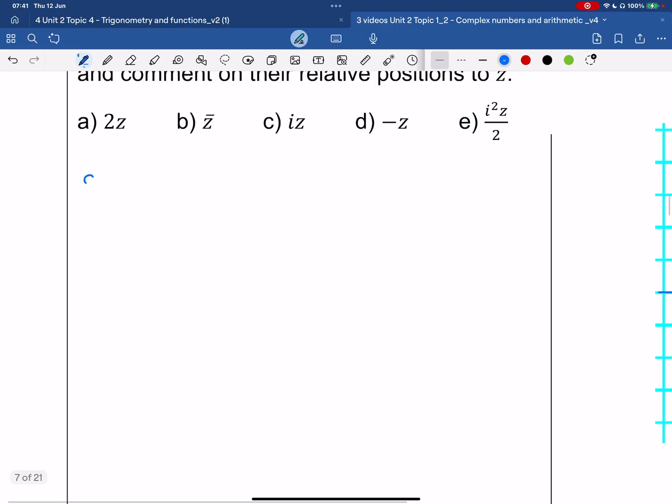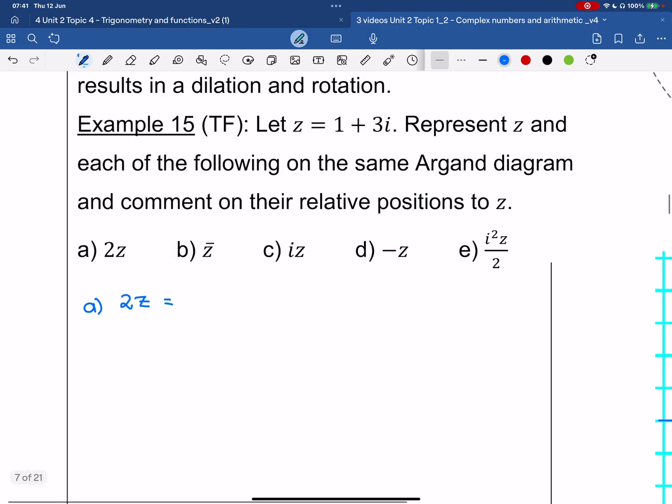Okay, so A, 2 times z is going to be 2 times 1 plus 3i, and that just becomes 2 plus 6i.